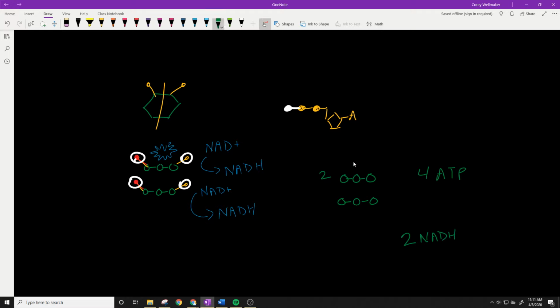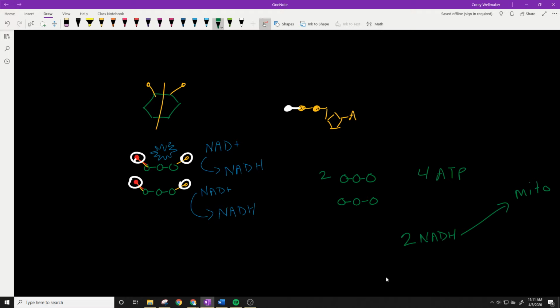Now, this pyruvate, in the presence of oxygen, is going to be sent into the mitochondrion, where it can go through the Krebs cycle, and oxidative phosphorylation can happen, and all that stuff. This NADH is normally going to go off to the mitochondria as well to drop its electrons off into the electron transport chain.